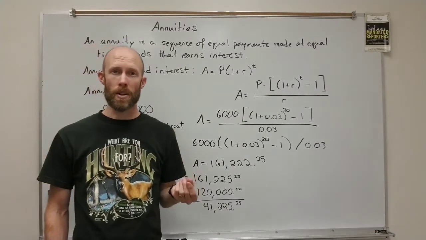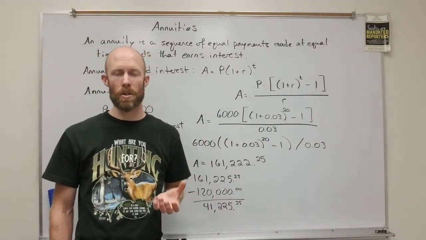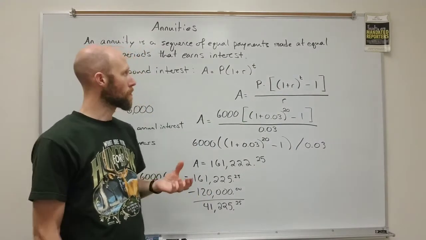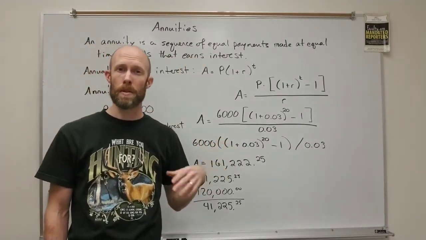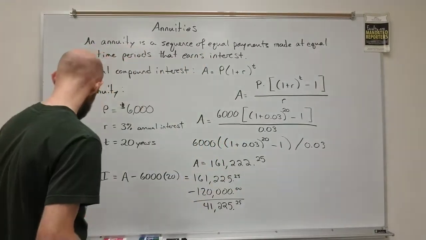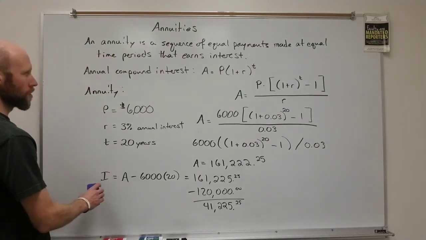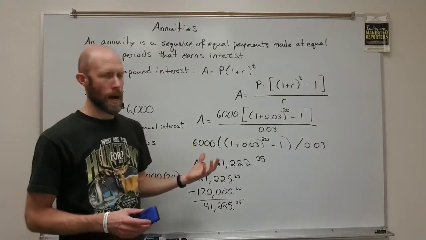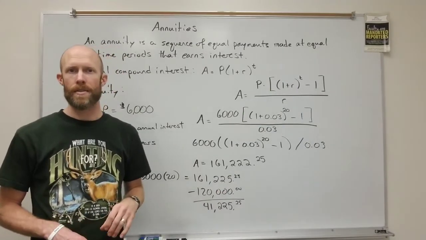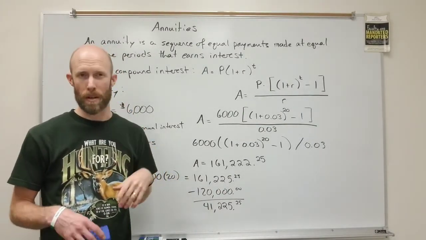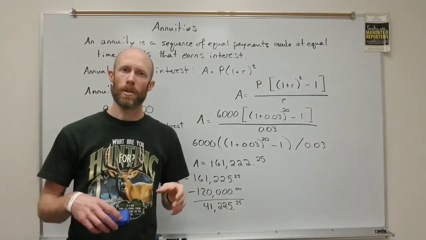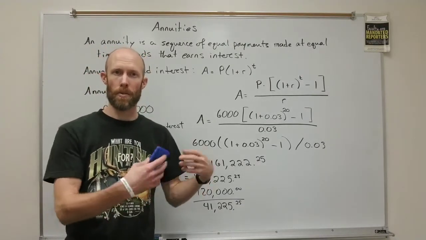Now, there's variations to this because a lot of your annuities are not, you're not making payments every year. Some of them you'll be making payments monthly. And so this might even be more applicable as you're looking at, say, credit card payments or payments on a mortgage loan or something where you make payments on a monthly basis.